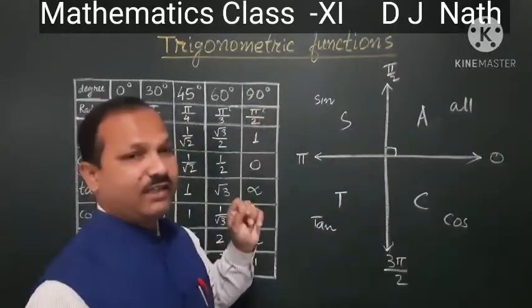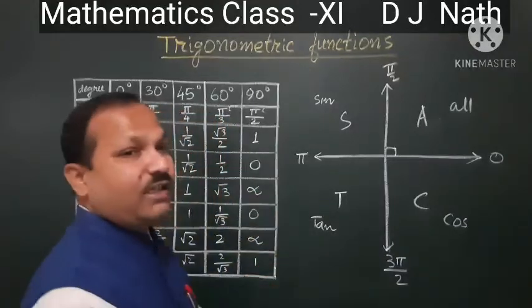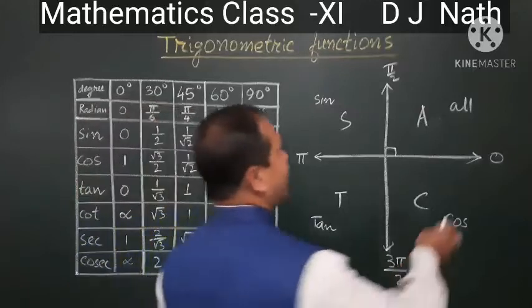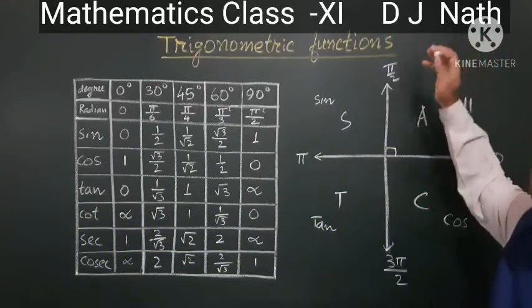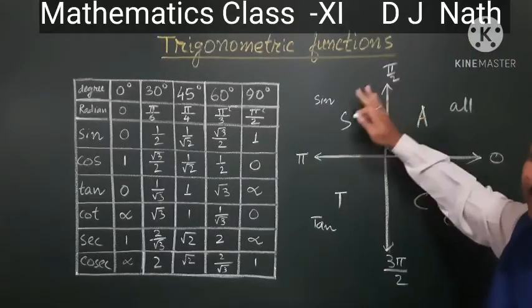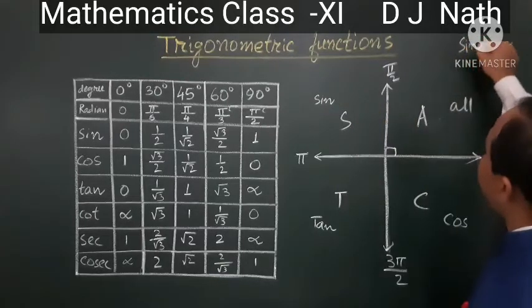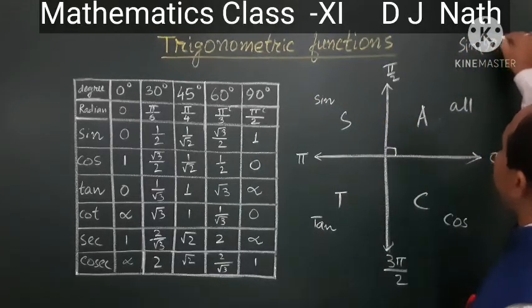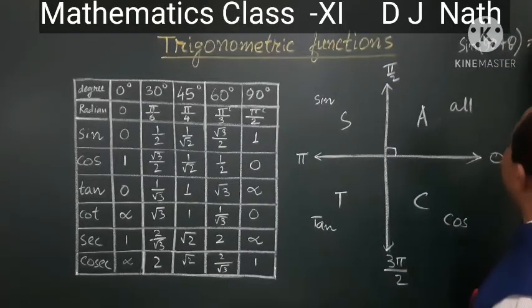If we go to the second quadrant, it is more than 90 degree. You have learned in class 10 about the complementary angles. What was that? Sin 90 plus theta, cos 90 plus theta, that kind of thing. Only now you have 90 plus theta. So sin 90 plus theta is equal to sin theta we have learned.